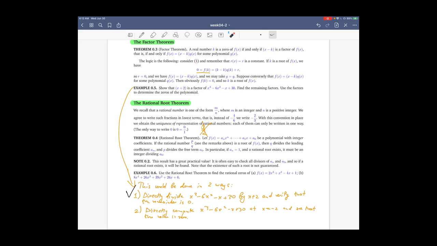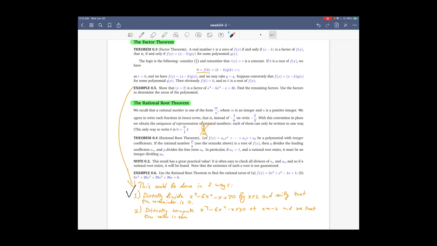Suppose also that the rational number p divided by q, written in lowest terms, meaning that p and q are integers sharing no divisor other than 1, is a root. So the two assumptions are that the coefficients of the polynomial are integers and that it has a rational root, p over q, where p over q is written in lowest terms.